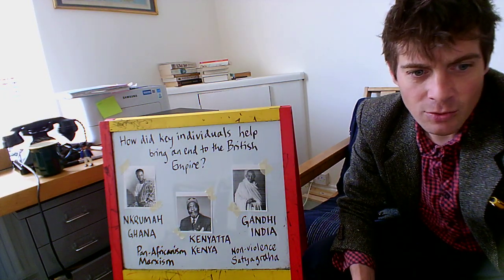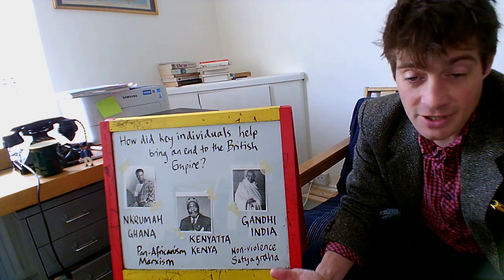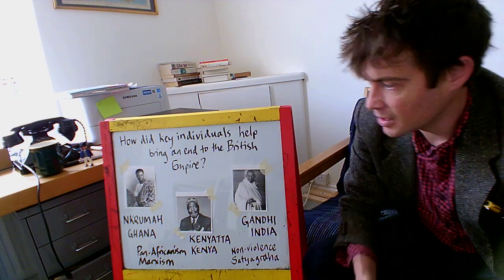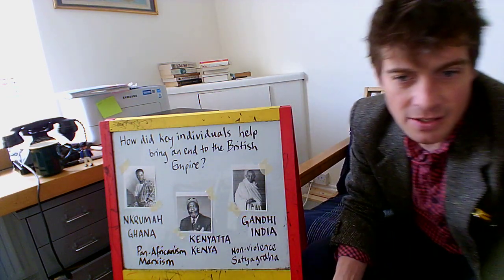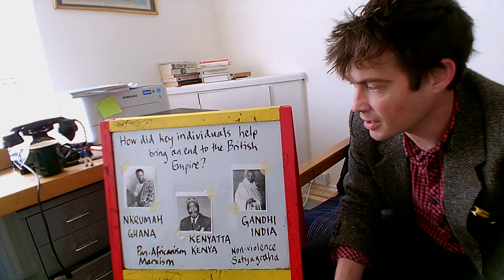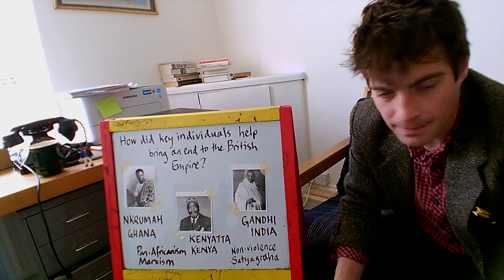And today I want you to focus on three key individuals who all fought successfully for the independence of their countries. Kwame Nkrumah, who became the first leader of Ghana, which was itself the first country to gain independence from Britain in Africa.